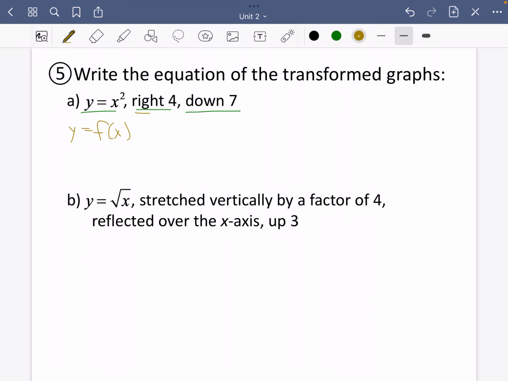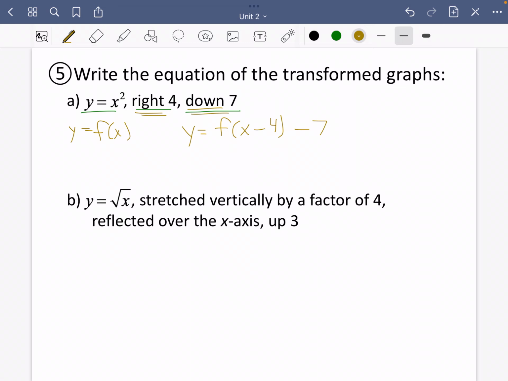So how do we shift that to the right 4? If we want to shift that right 4, then we are going to have y equals f of x minus 4 on the inside of that function. If we want to shift that down 7, what do we need to do? Outside of the function, we need to just subtract 7.